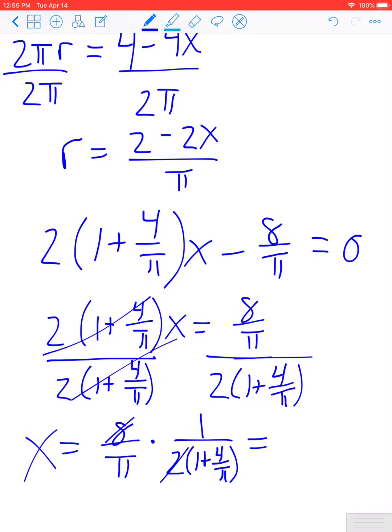Notice that the factor of 2 will cancel. And if I distribute the π into this parenthesis, we should get the following: x equals 4 divided by (π + 4). So that's going to be our value of x.